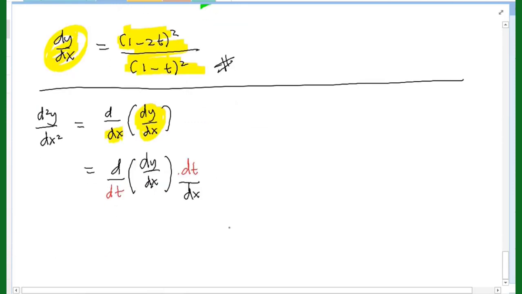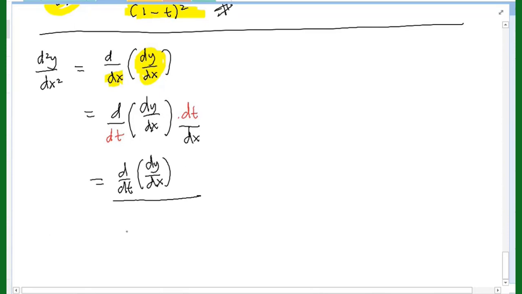Then I adjust, so differentiate dy dx in variable t with respect to t over dx over dt.